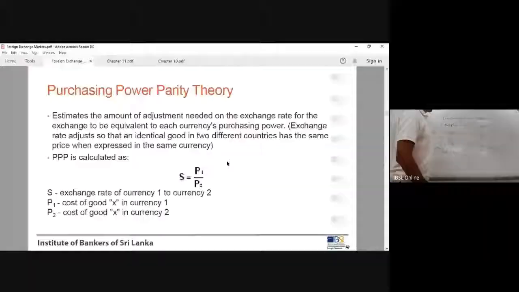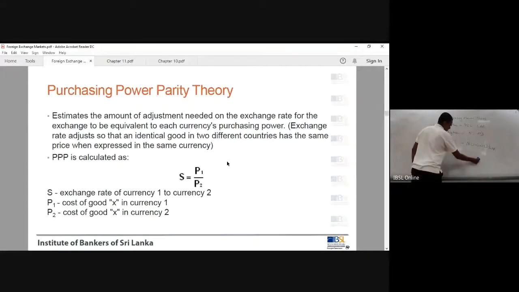Right. So getting back to purchasing power parity, an identical product in two different markets should reflect the exchange rate between the two currencies.